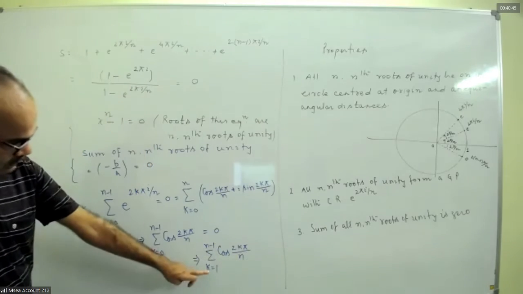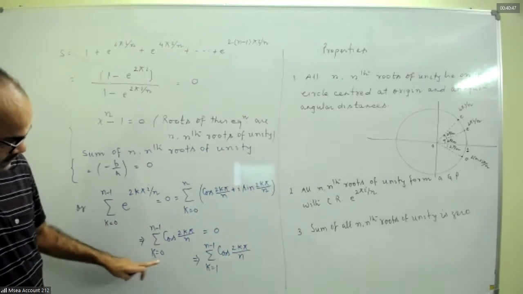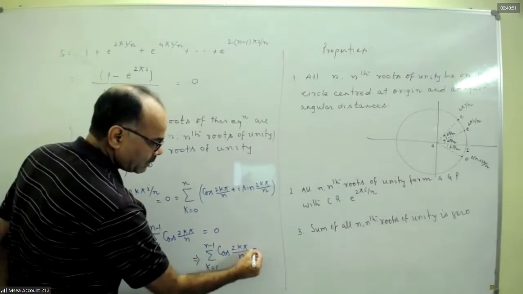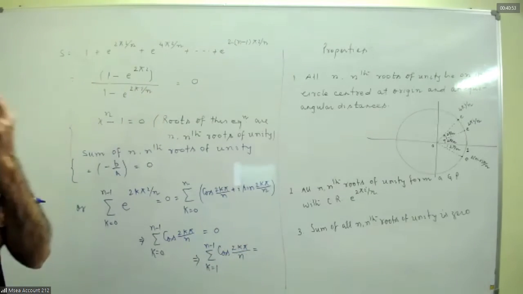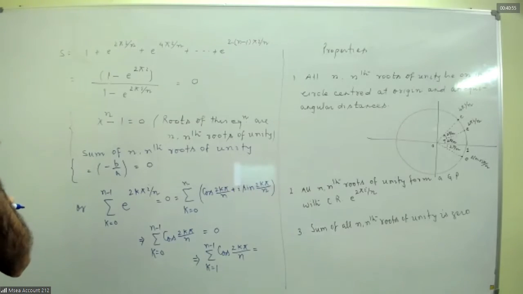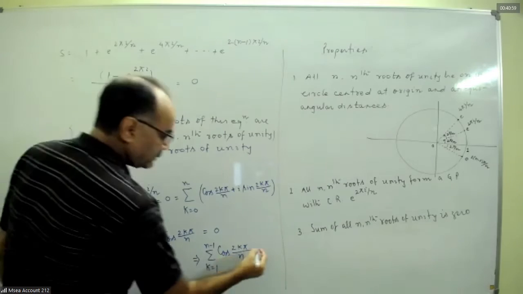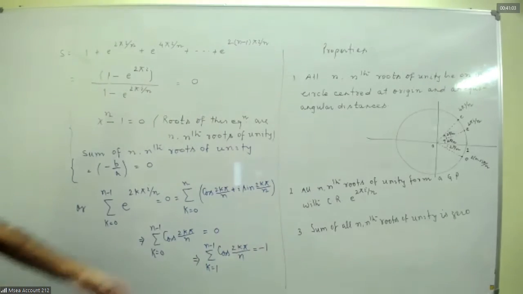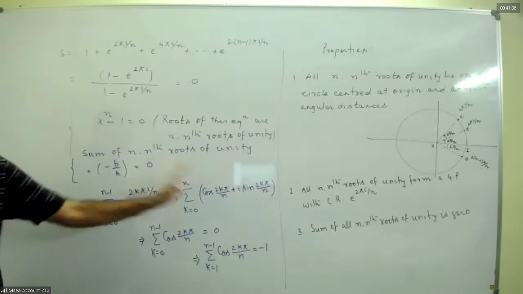I have written here 1 to n minus 1, there 0 to n minus 1. So what will be the right side? Minus 1. All are the same result. That's it.